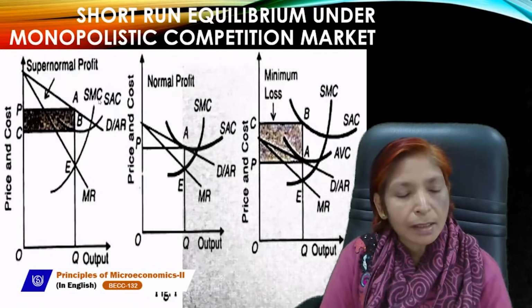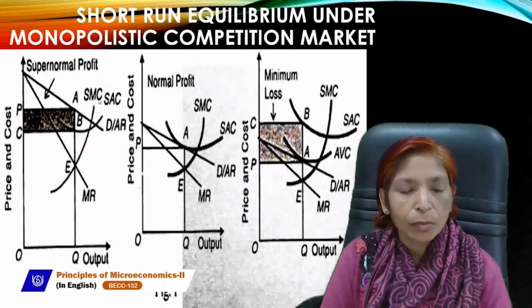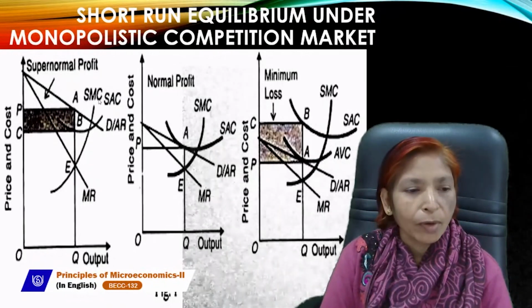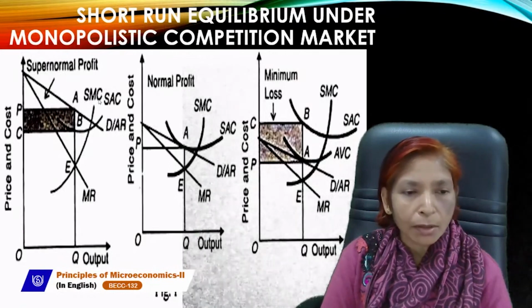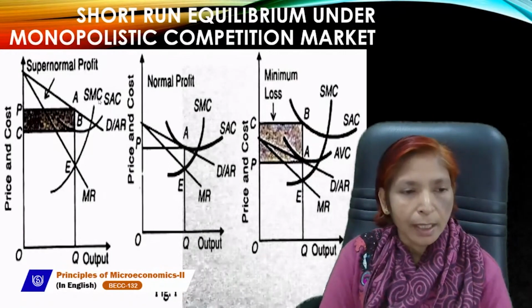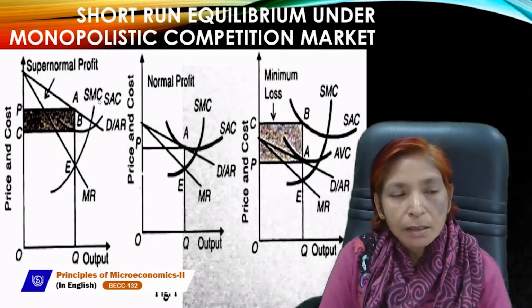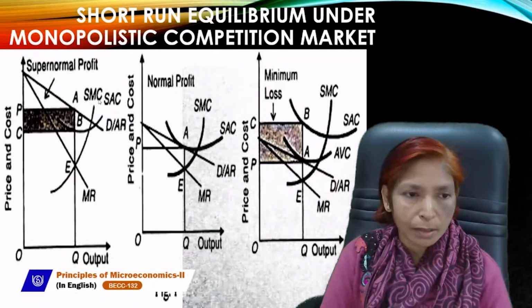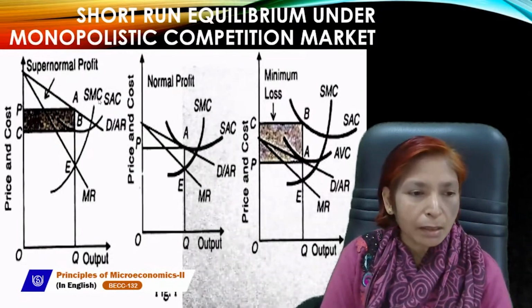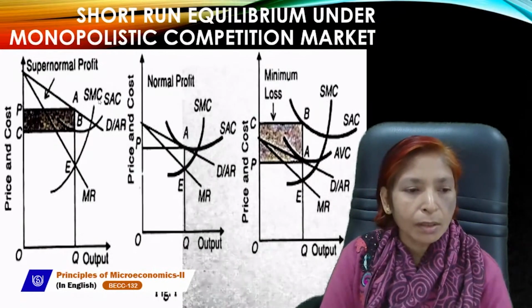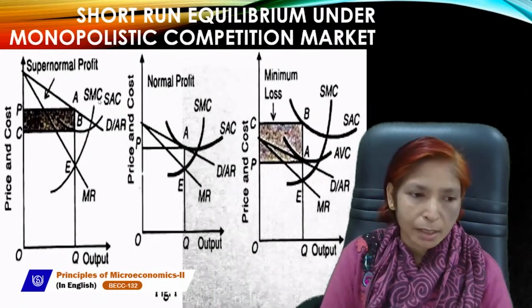MC always cuts AC at its lowest point. Now, where MC cuts MR, here SAC means short run average cost, and SMC means short run marginal cost. Where SMC intersects the MR curve, that point is called the equilibrium point.